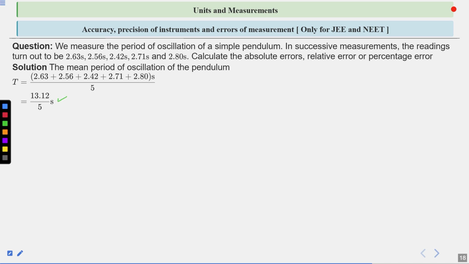So the mean period of oscillation is 2.62 seconds. We have to calculate the absolute errors, relative error, and percentage error. So this is the mean period of oscillation only.